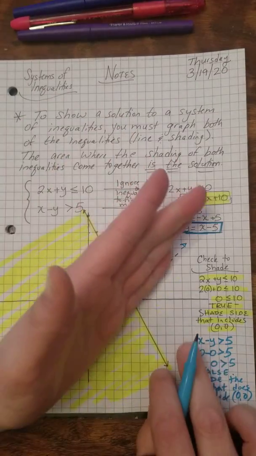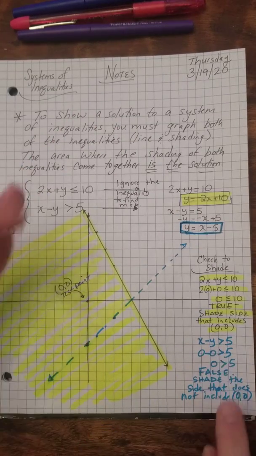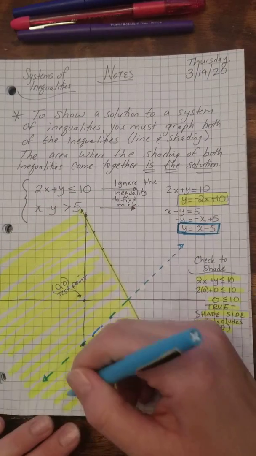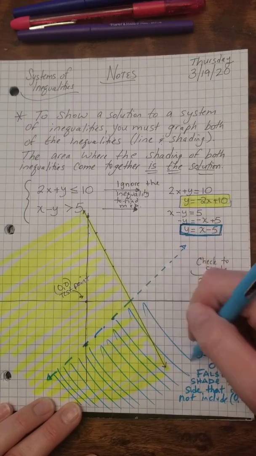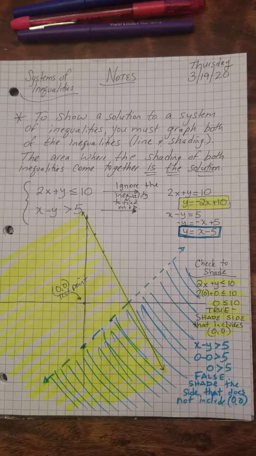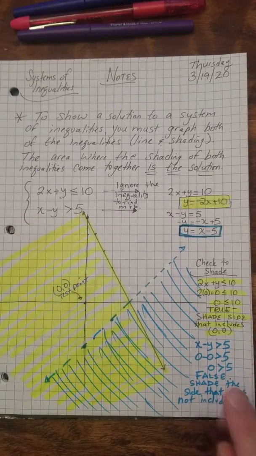We do not want to shade that side because 0, 0 did not satisfy the inequality. So we're going to actually shade the other side of the line. So all of this gets shaded over here. That means that every point that's on this side of the line will satisfy the inequality x minus y is greater than 5.